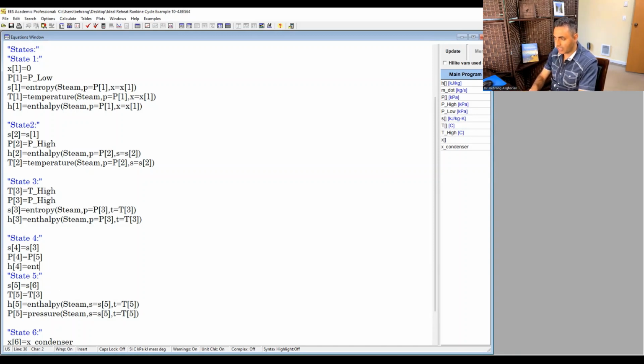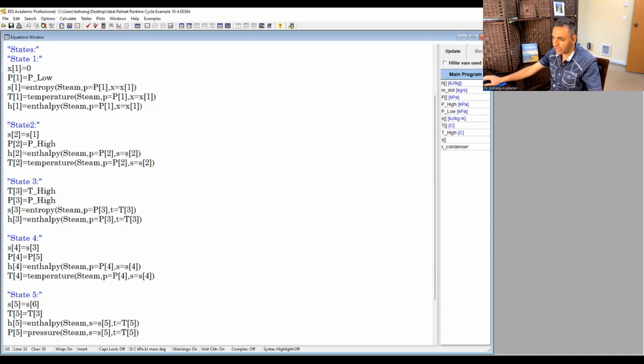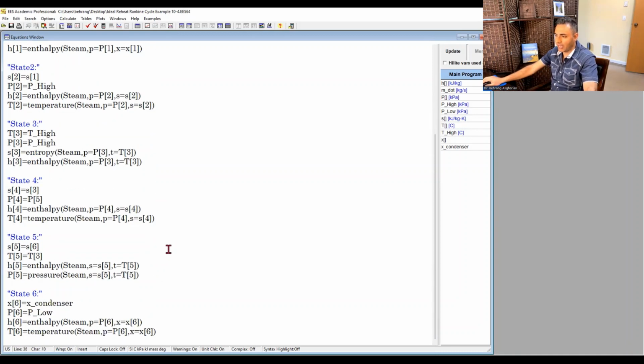Now I can find other things at state 4. H4 is enthalpy of steam, like this, when pressure is P4 and entropy is S4. Of course, if you're looking for temperature, T4 is basically temperature, and you can copy and paste here. Now all the states 1 through 6, everything is determined.